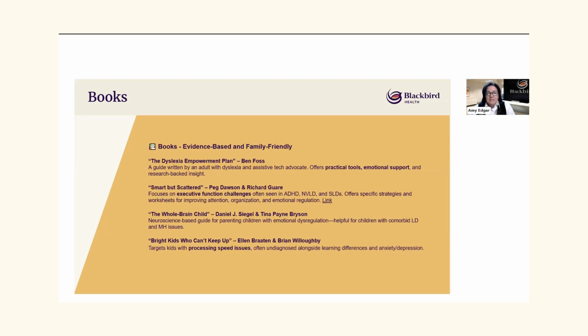And so anytime there's a timed test or instructions that are in great detail, and the child has to process both the instructions, so really sophisticated instructions for an assignment, and then complete the assignment, that's going to be challenging for a kid who has slower processing. So Bright Kids Who Can't Keep Up is a great resource for understanding that particular phenomenon, and then identifying interventions that might be helpful for the child in your classroom.